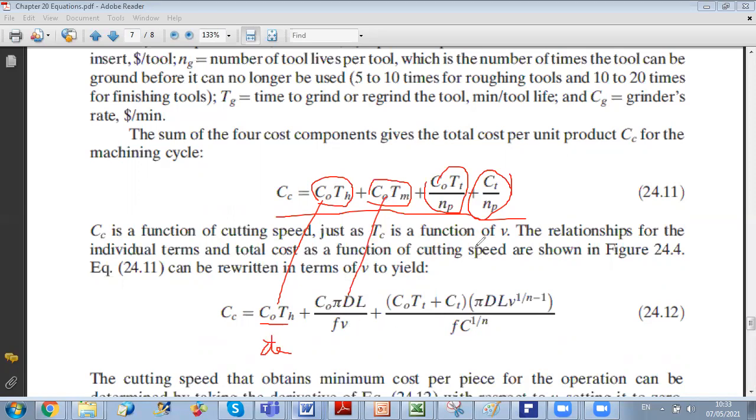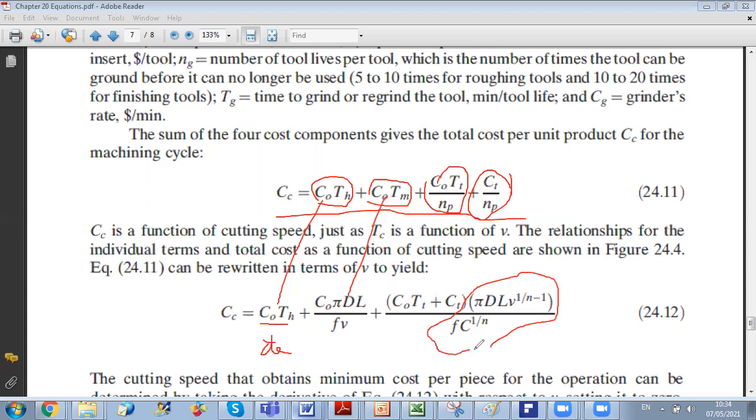Now, concerning the two other parts, which are the cost of tool change and the tool cost per unit product, both are dependent on the velocity, because we divide both by NP, and NP is a function of V as we have developed together. So we just have to replace NP by its value as a function of the velocity.